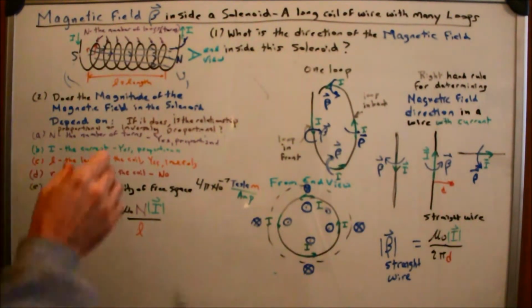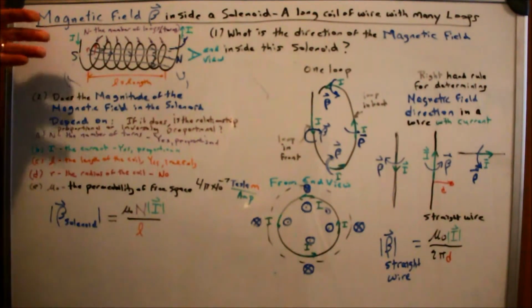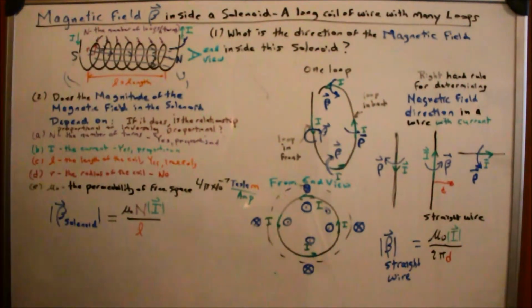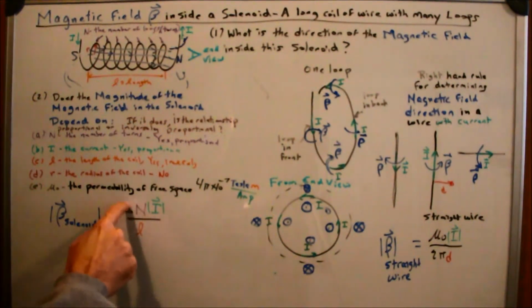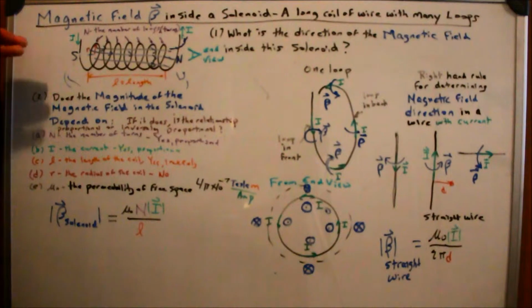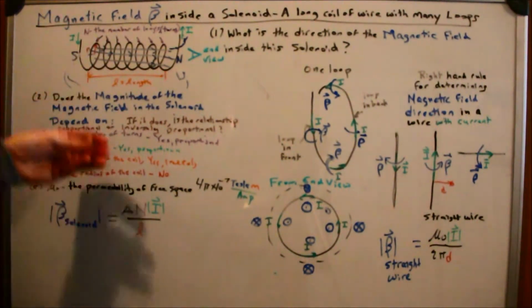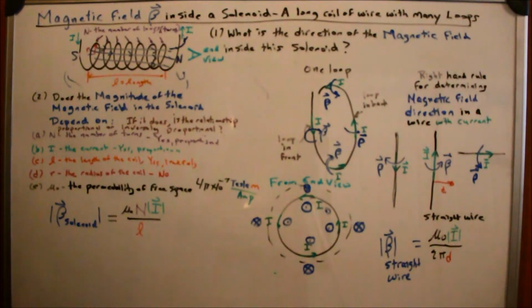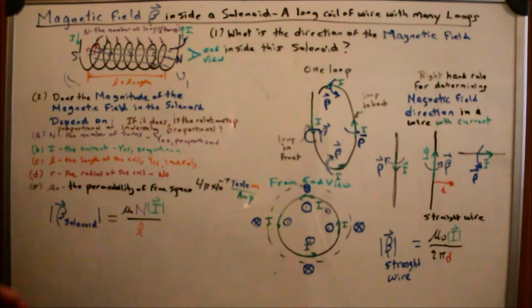If there is a material in it other than a vacuum, like a piece of metal, then you would just replace the permeability of free space with the permeability of the metal. So you can get a stronger magnetic field if you put something in there besides a vacuum. If it's just air, the permeability of air and of a vacuum are very close, so you typically still use that number for air.